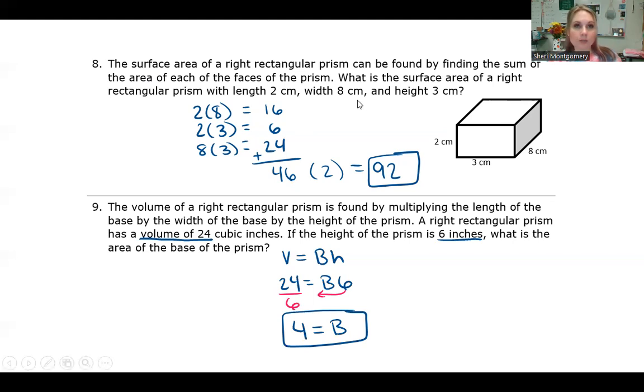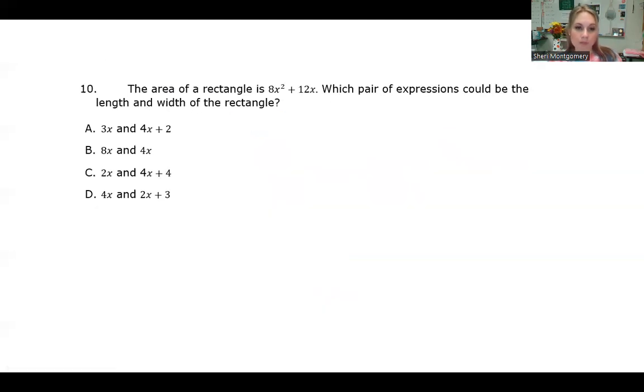We only have one last problem. Question number 10. The area of a rectangle is 8x squared plus 12x. Which pair of expressions could be used for the length and the width of the rectangle? To figure this out, we're going to take each one of these and multiply them, because area means multiply.